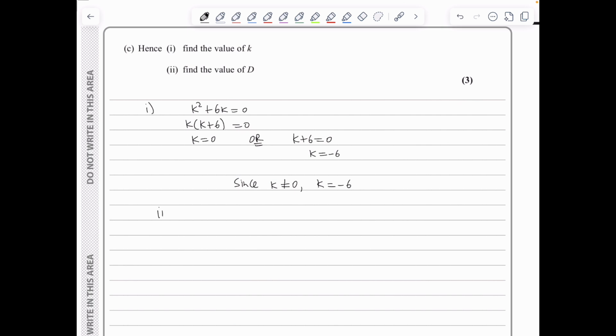For the value of d, d is the coefficient of x³, which was -4k³/243. I'll be substituting k to be -6, so -4 times (-6)³, and all of it divided by the 243, which gives an answer of 32/9.